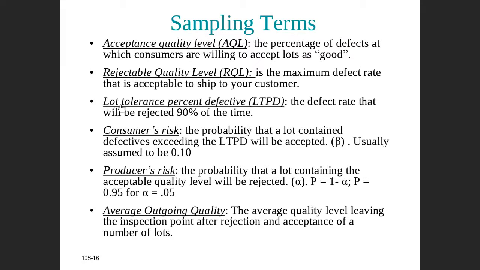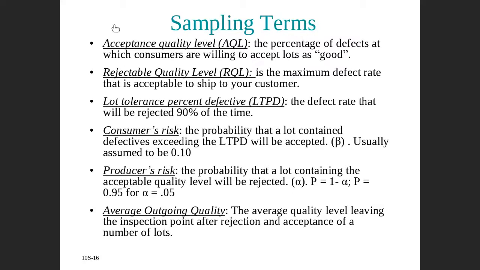The lot tolerance percent defective, the LTPD, means the defect rate that will be rejected 90% of the time. Also, we can refer to it as the percent of defects the plan will reject 90% of the time. That means the factory will reject it 90% of the time based on the defect rate at the LTPD. The two most commonly used are the AQL and the RQL.